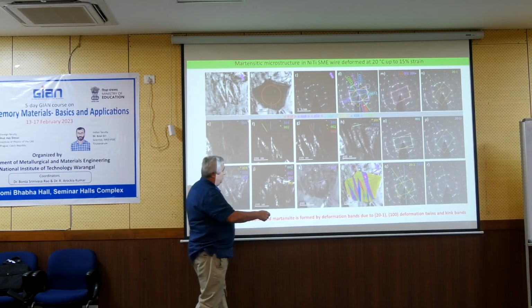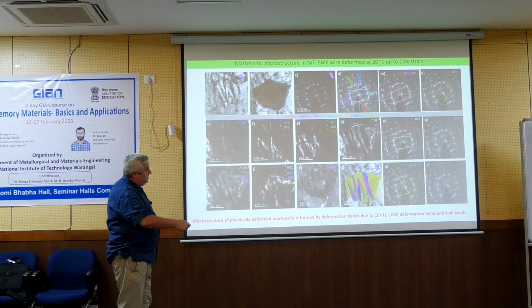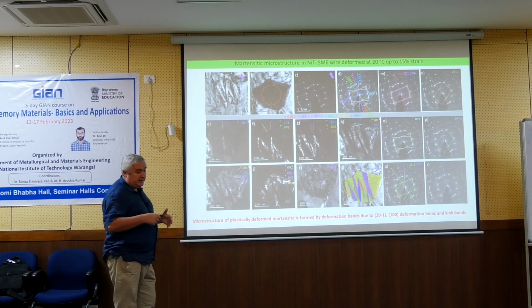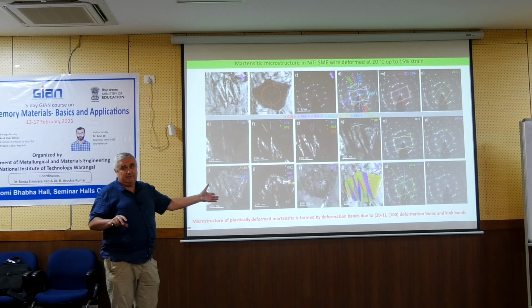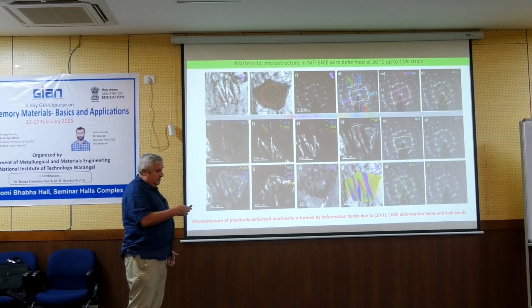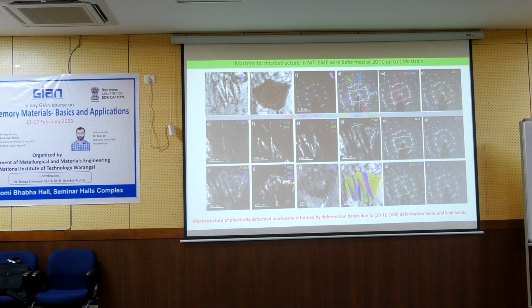I'm nearly at the end of the talk, so I have to be quick here. Some of these rotations provide around 20% of strain. So rotating the lattice is a very effective straining mechanism. That's why the Martensite does it, but it does it in such a localized manner.